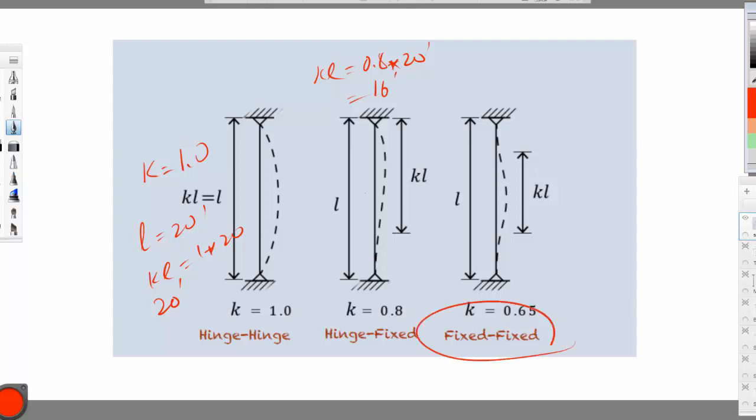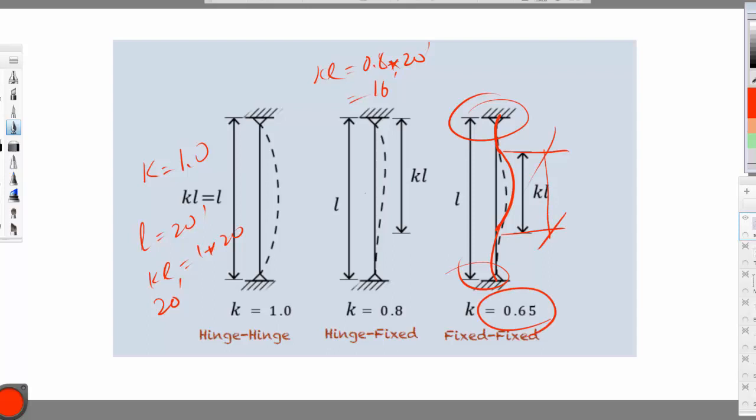Now if we come to fixed-fixed, if you look at the way this is buckled, it is only buckling in this area. There's resistance at this end and resistance at this end. This is fixed and this is fixed. So the amount that is buckling is only this much, and K is 0.65.